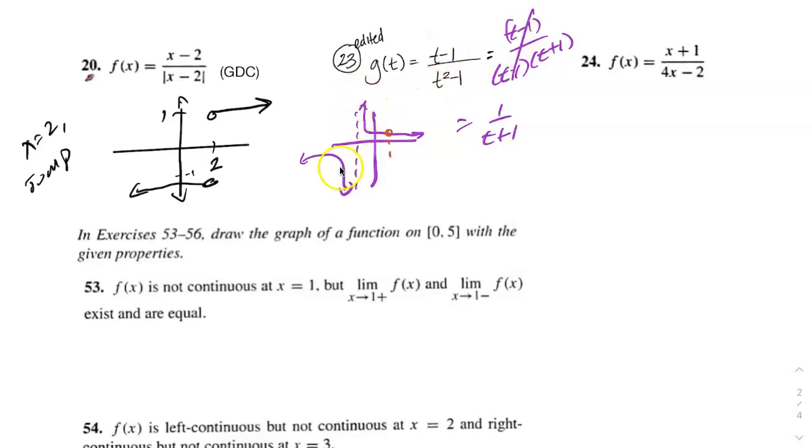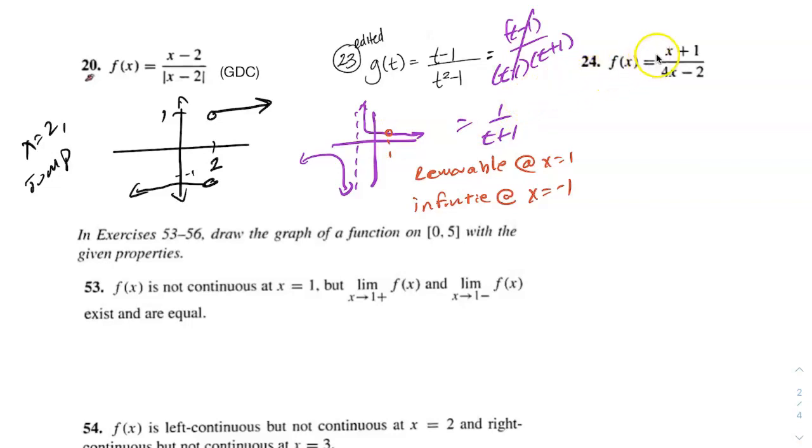We have an infinite one at -1, and we have a removable one, a hole, at 1. So removable at x equals 1, and then an infinite at x equals -1.